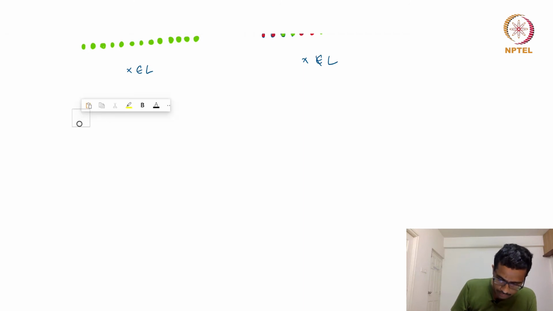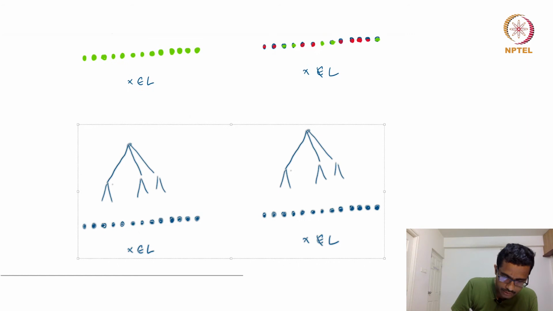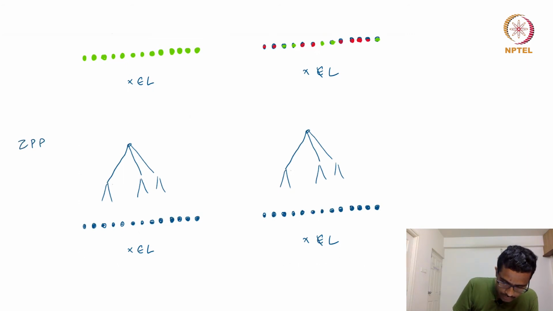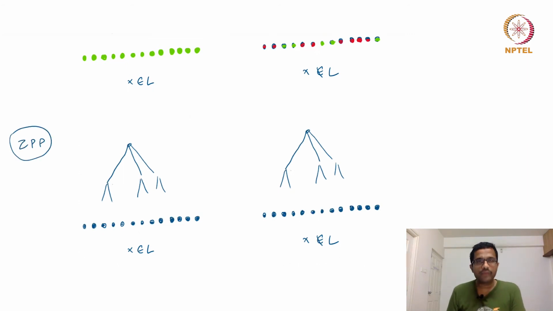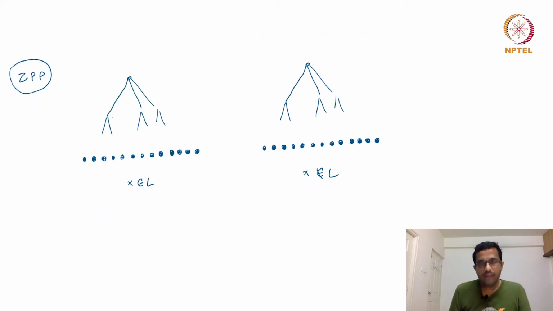Now let us move to ZPP. We will stick to the first definition that we saw, where there is a yes, a no, or a don't know answer.